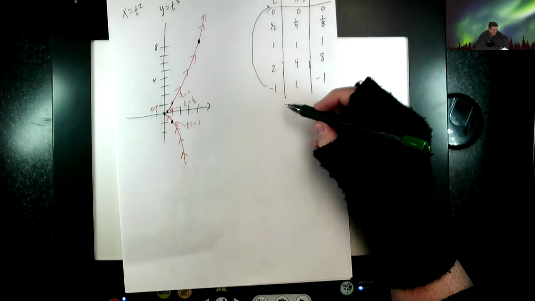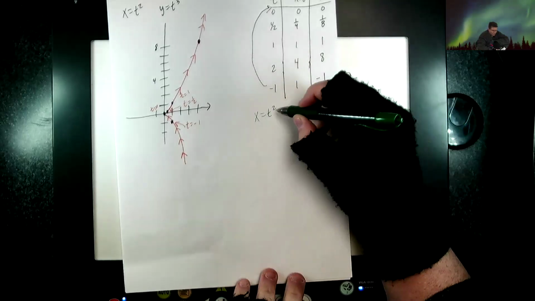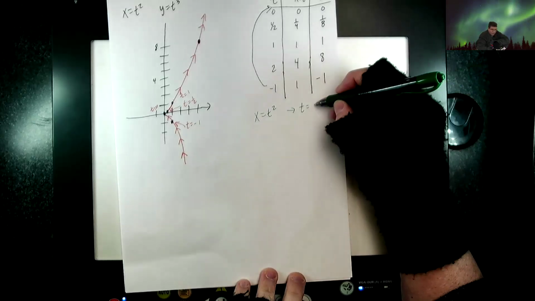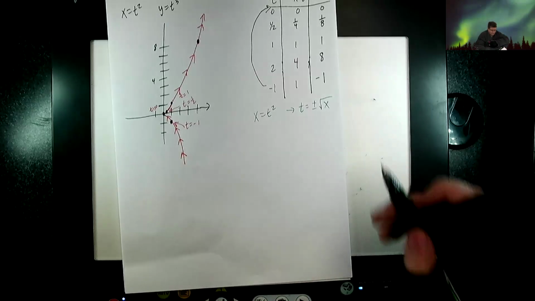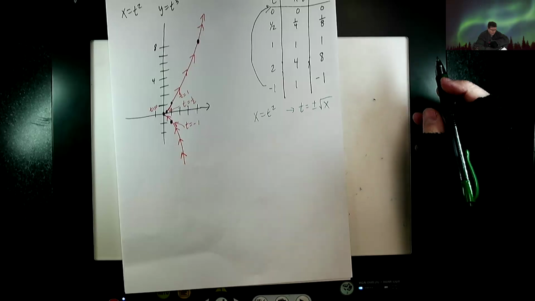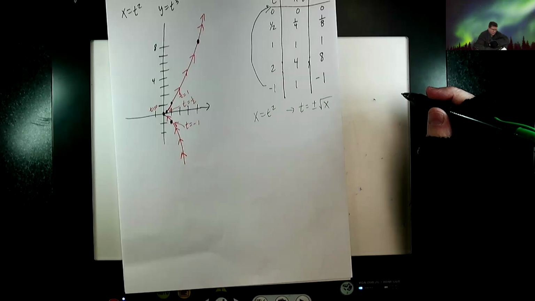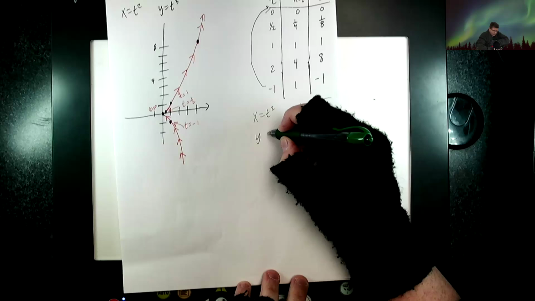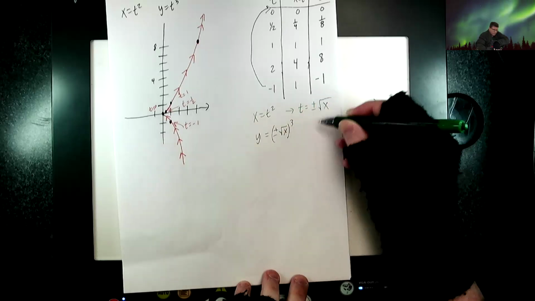we can solve this. Let's see, x equals t squared. So if we take the square root of both sides, we get t equals plus or minus the square root of x. And if I plug that into y, I get y equals plus or minus the square root of x cubed.